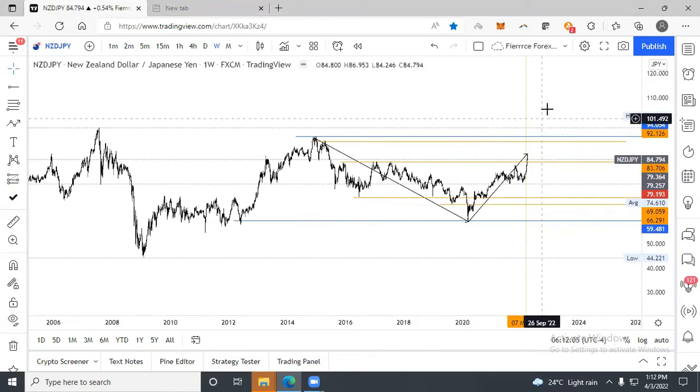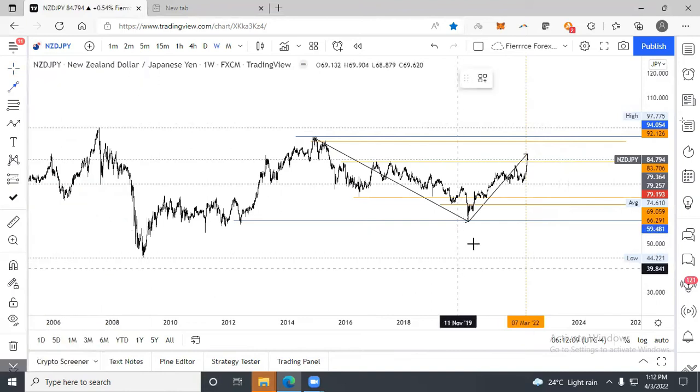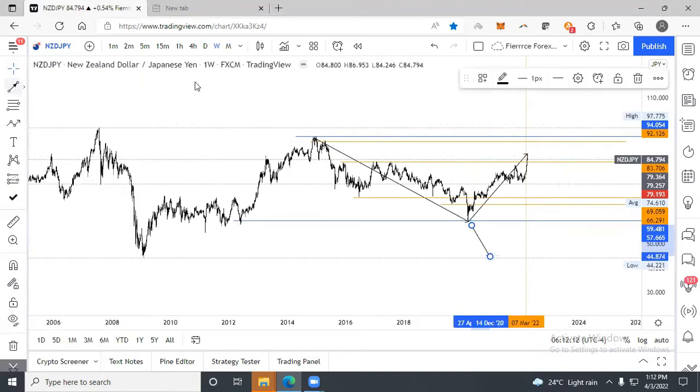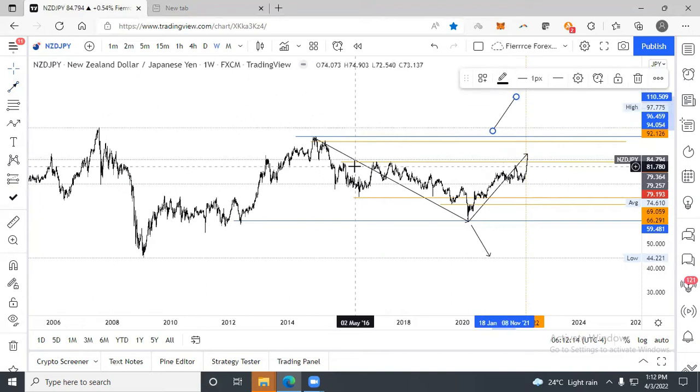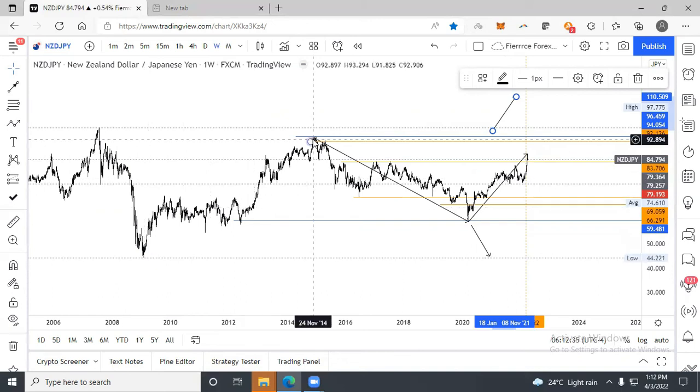Or if we break above this, whether we break down below or up above, we have definitely taken out strong levels of structure. So external structure is the primary structure. It's telling you the bias of the market is either bullish or bearish. So right now, from this range to this range, you're very bullish.